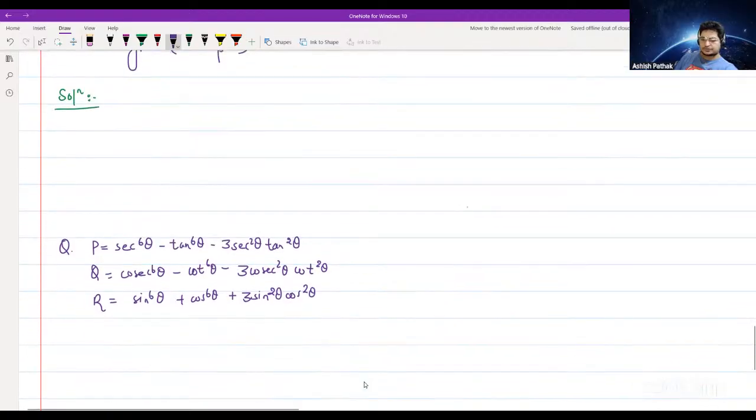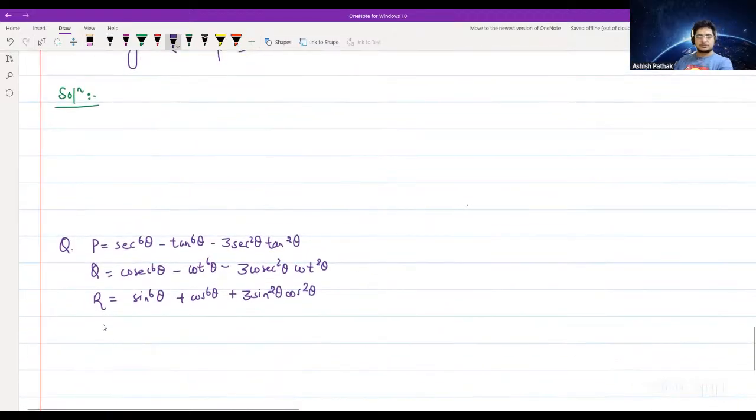Once you do this one, find the value of P plus Q plus R to the power P plus Q plus R. Okay.